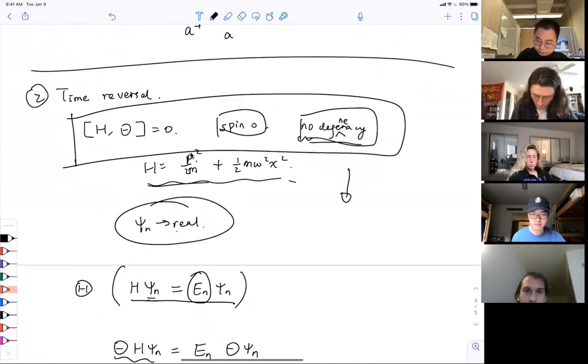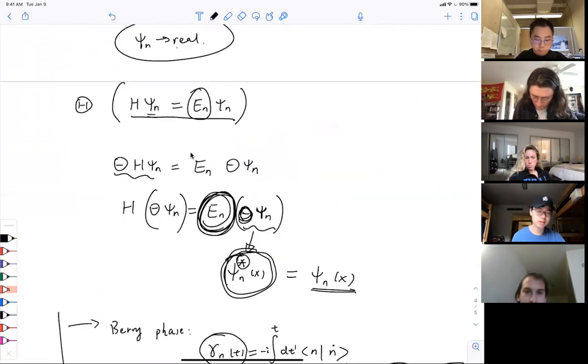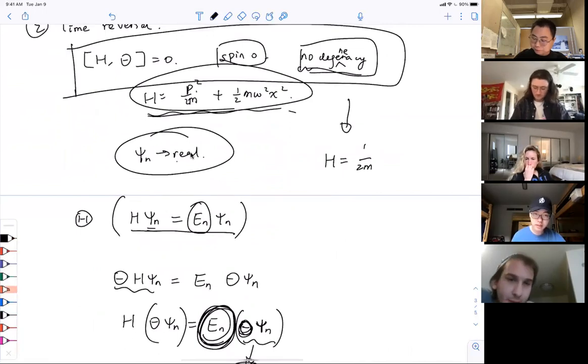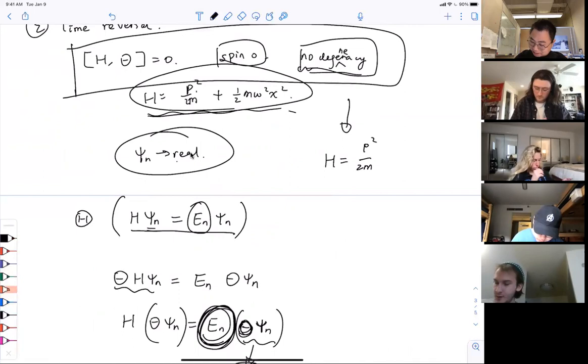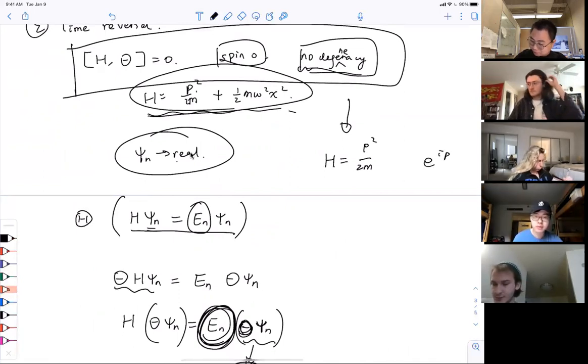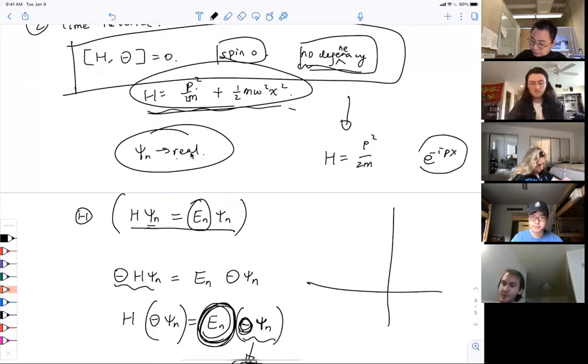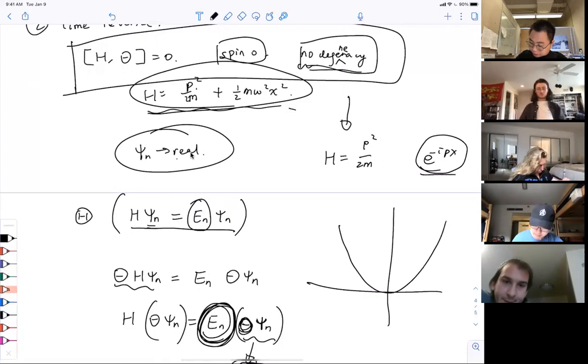One example is the simple harmonic oscillator. Another example is the free particle. The eigenstate is nothing but the plane wave, and you can say this is generally not real. This is because there's a degeneracy between p and minus p.